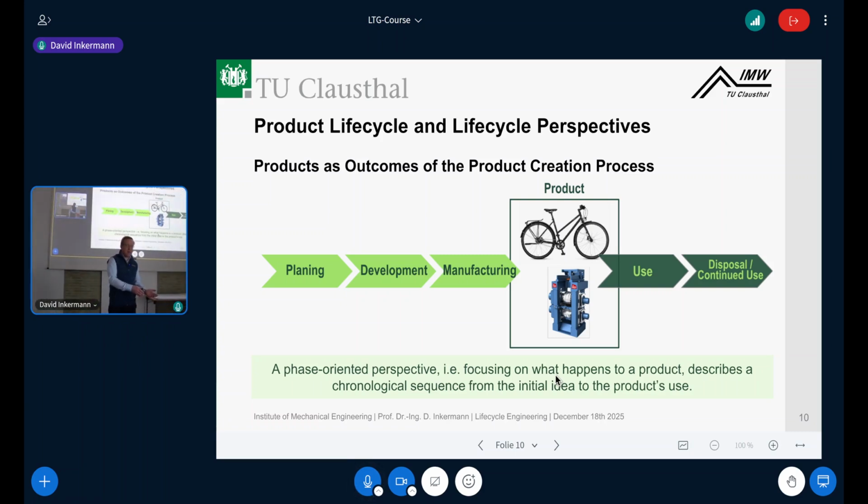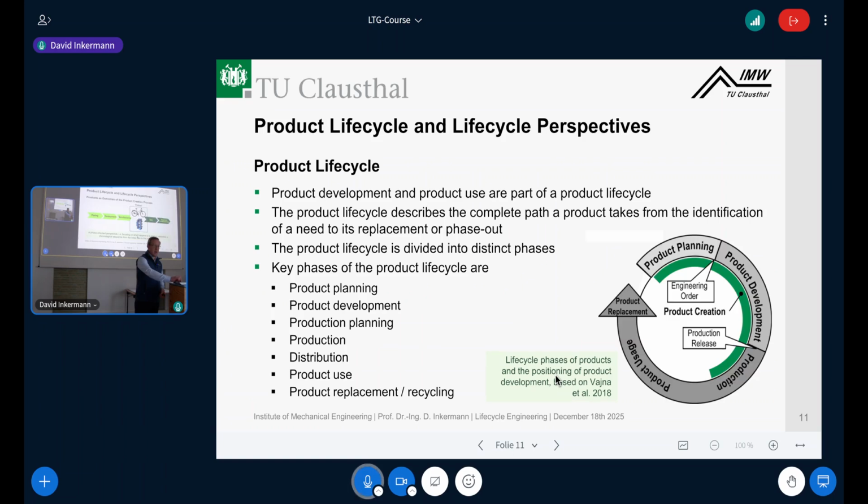Starting beforehand, it has to be planned, developed, manufactured, and that describes a somehow chronological sequence from the very beginning idea to the end of the product use or the recycling of the product itself. So that is a very generic, very simple perspective on the life cycle.